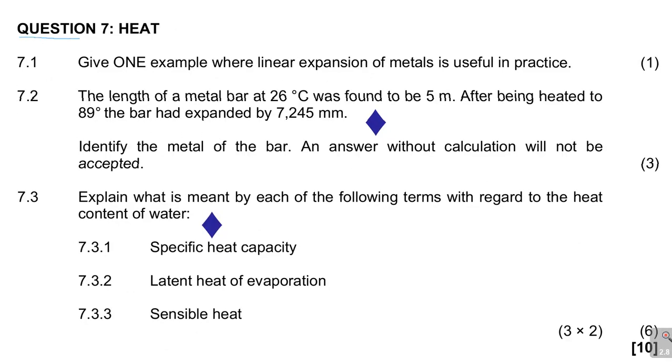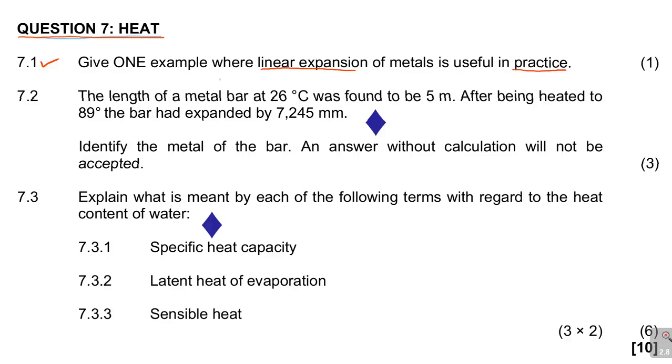Let us look at this question, and the module that it is focusing on is the module on heat. Let's look at question 7.1. It says, give one example where linear expansion of metals is useful in practice.